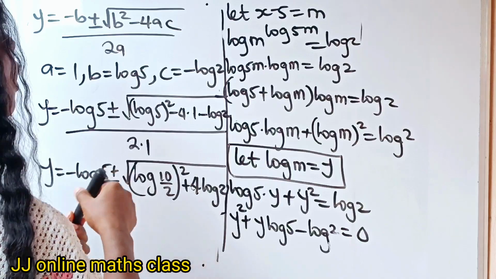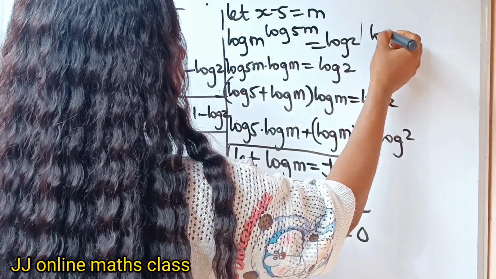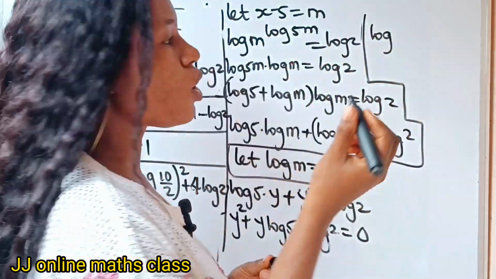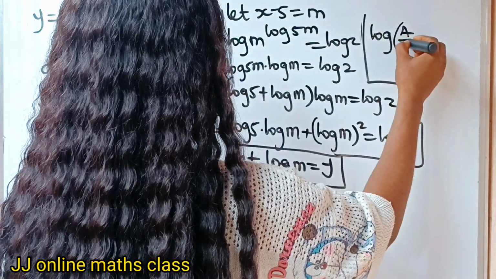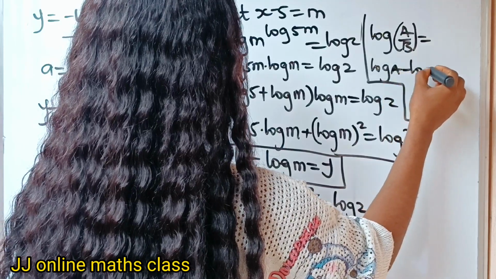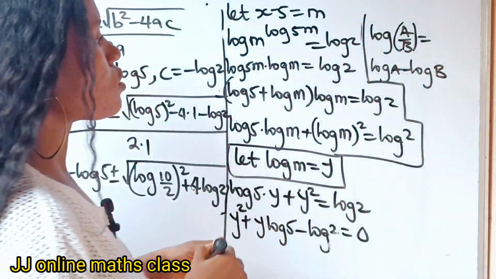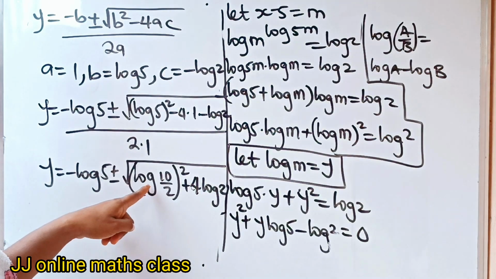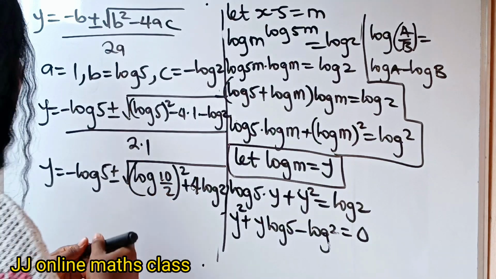Now at this point, we can actually do something about this place, right? Yes, because we all know that log a over b is the same thing as log a minus log b. So that means that log 10 over 2 can be written as what?